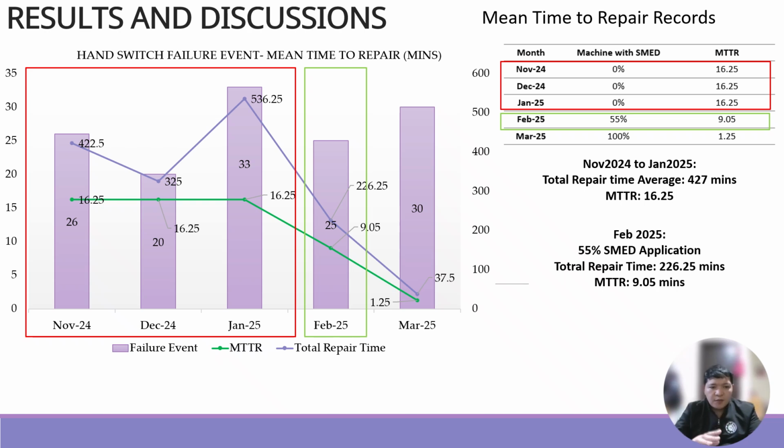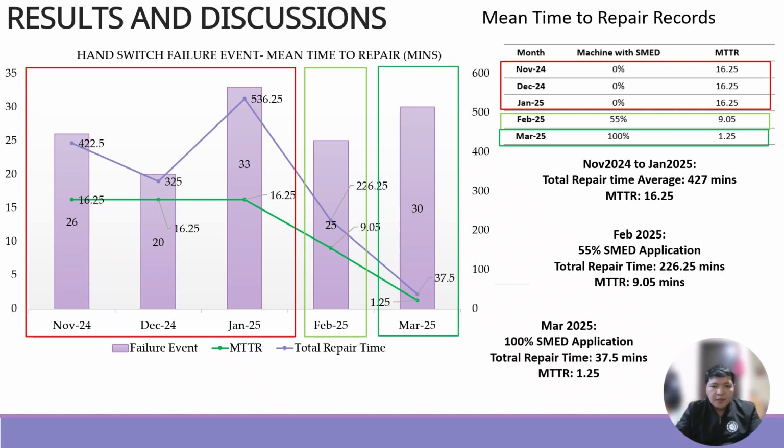Last November the failure event was 26 times, December 20 times, and January 33 times. For February, it has 25 failure events, but the significant decrease of the MTTR and total repair time is contributed by the application of SMED, given that it is only 55% of the total machines of the production line.